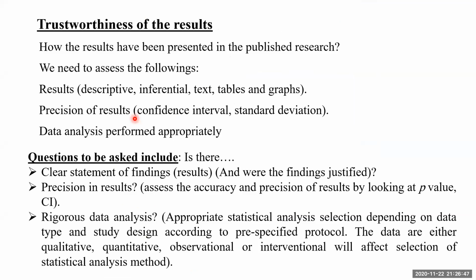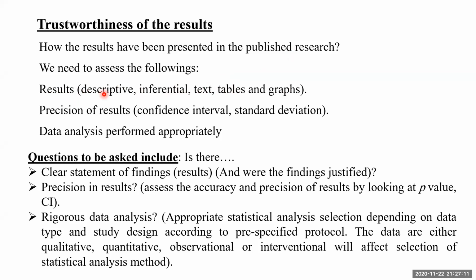The second part of critical appraisal is to assess the trustworthiness of the results, and how the results have been presented in the published research. We need to assess the following. Results: there are different types of results. There are descriptive results, there are inferential results, and there are text, tables, and graphs.